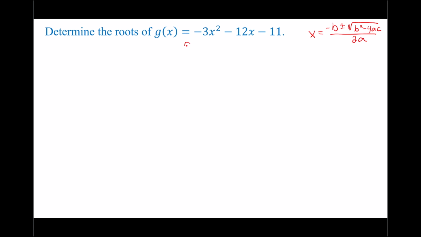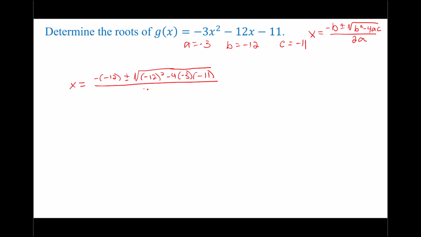For this function, a is negative 3, b is negative 12, and c is negative 11. So to find the roots, x equals negative b, so negative 12, plus or minus the square root of b squared minus 4 times a times c all over 2a, and then we need to simplify that.